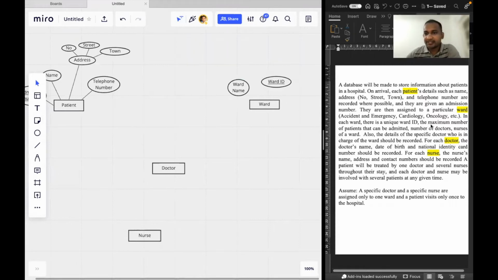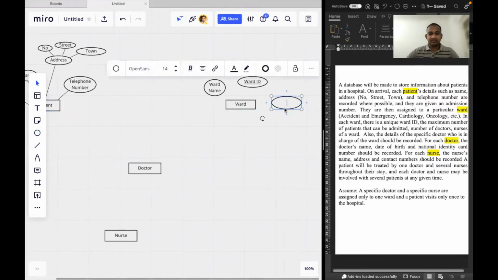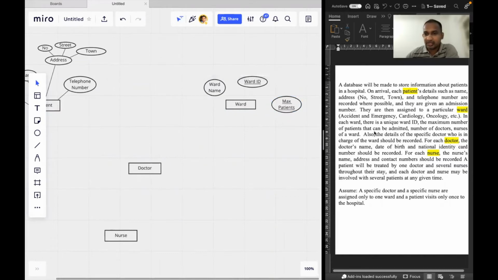Ward ID, and the maximum number of patients that can be admitted. Let's do another one. Let's say max patients. Maximum number of patients that can be admitted. Number of doctors, nurses in the ward.